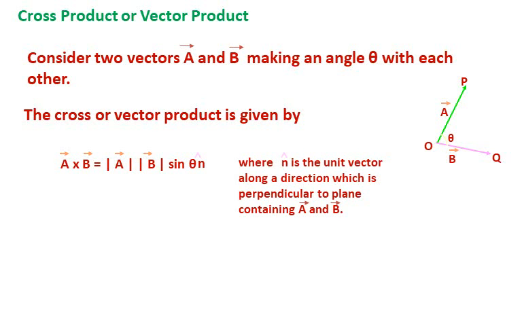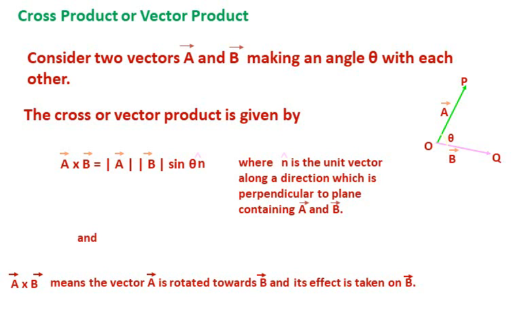Here n unit vector is a vector along a direction which is perpendicular to the plane containing A and B. And the value of sine theta will be equal to the magnitude of A cross B divided by the individual magnitudes of vectors A and B.